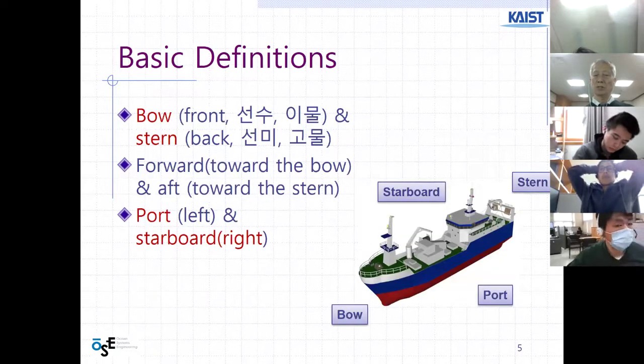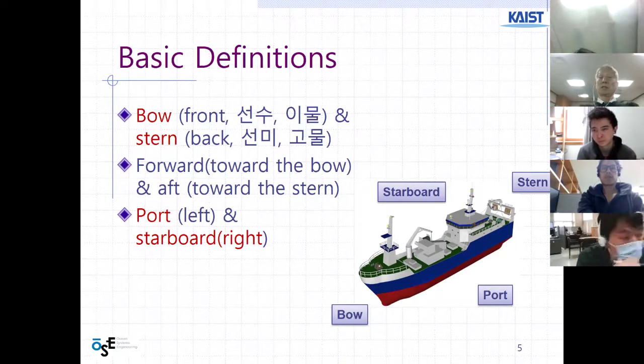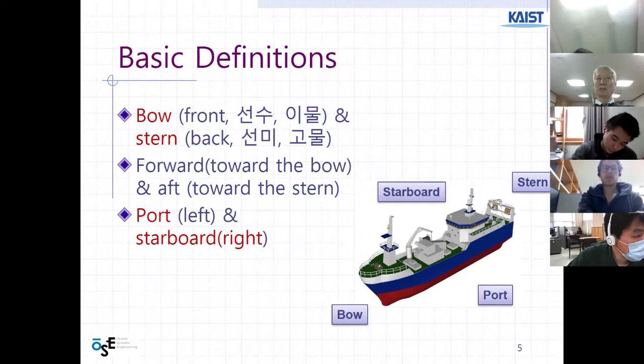Here you can see the ship, and usually the bottom side of the ship is colored by this color. In many cases, most big ships are colored like this. Above that red or purple, they use different colors, many times black. But anyway, that dividing line between purple and blue is usually the water line, where the ocean surface is located.